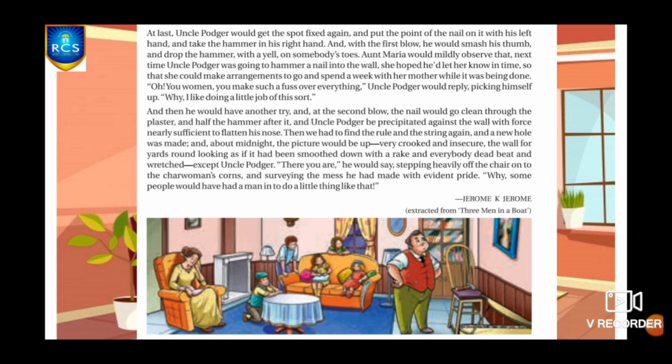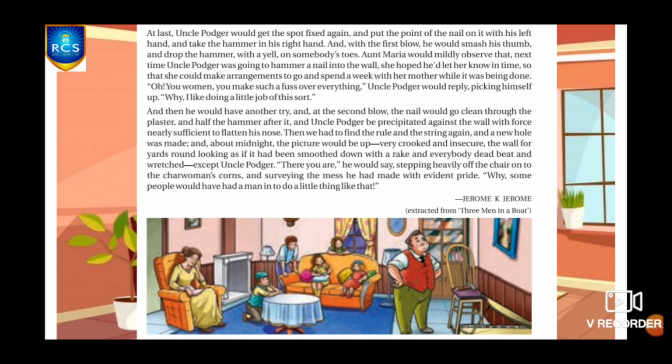At last, Uncle Podger would get the spot fixed. He found that perfect spot, and he would put the point of the nail on it with his left hand, and with his right hand he would take the hammer, and with the first blow he would smash his own thumb and drop the hammer with a heavy noise because he was hurt, and he would drop it on somebody's toes.